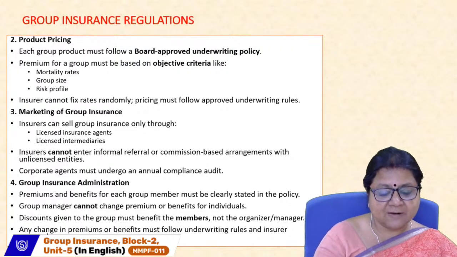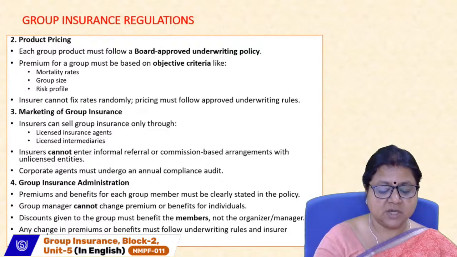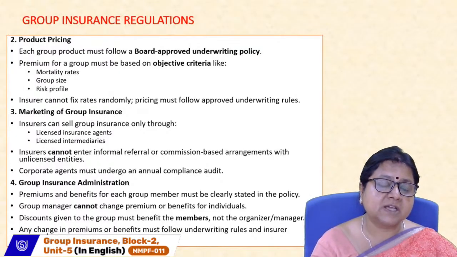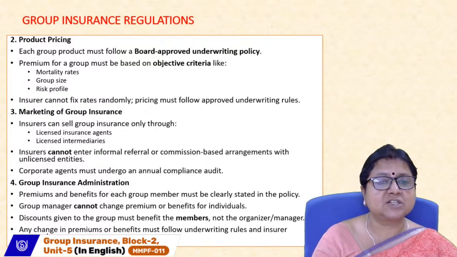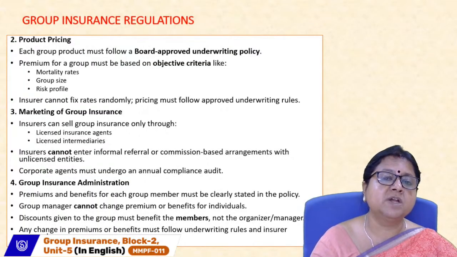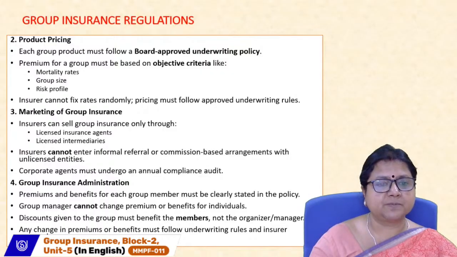So now they have to assess the proportion of persons who are above 60 years, or how many people are above 50 years, or whether any specific disease is there among a few people. All those things have to be assessed while fixing the premium, and it again varies from year to year with the change in the age of the persons.